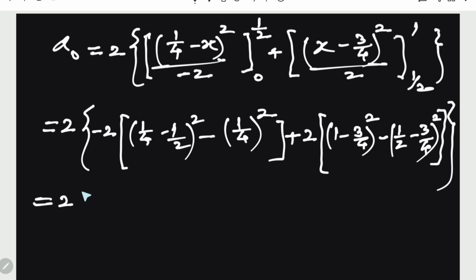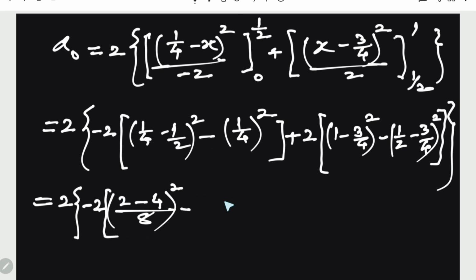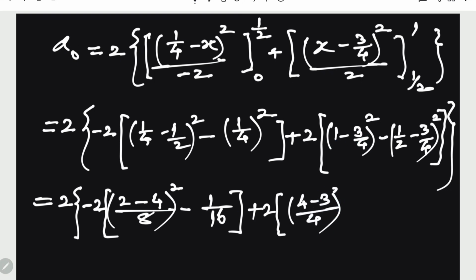Therefore, minus 1 by 2 multiplied by, cross multiplying, 2 minus 4 divided by 8 and its square, minus 1 by 4 squared means 1 by 16, plus 1 by 2 times 4 minus 3 divided by 4 whole square minus 4 minus 6 divided by 8 whole square.